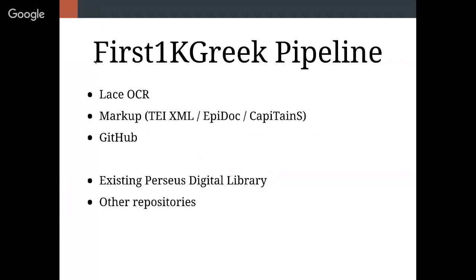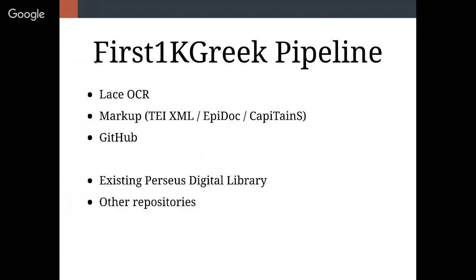As we'll see when we talk about the architecture, the Scaife Viewer is actually retrieving the documents right from GitHub. So as long as there's a repository on GitHub that conforms to certain requirements around the directory structure and markup that we'll get to, then it's possible to view it in the Scaife Viewer.